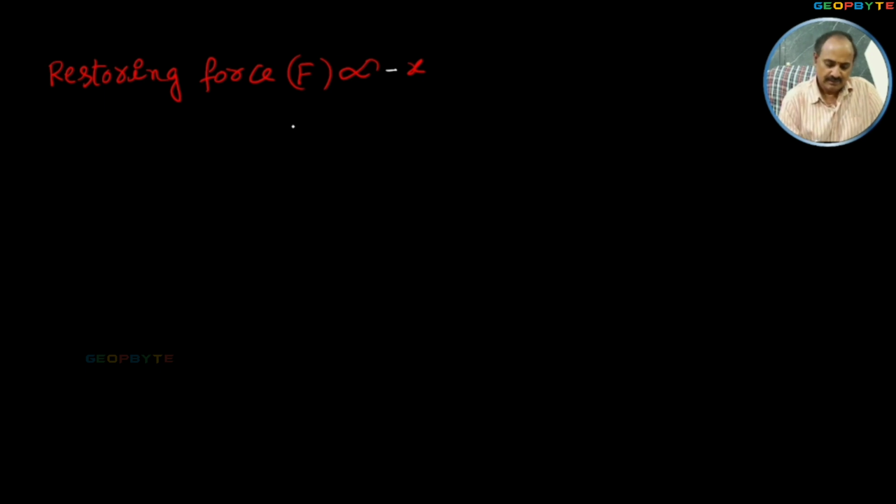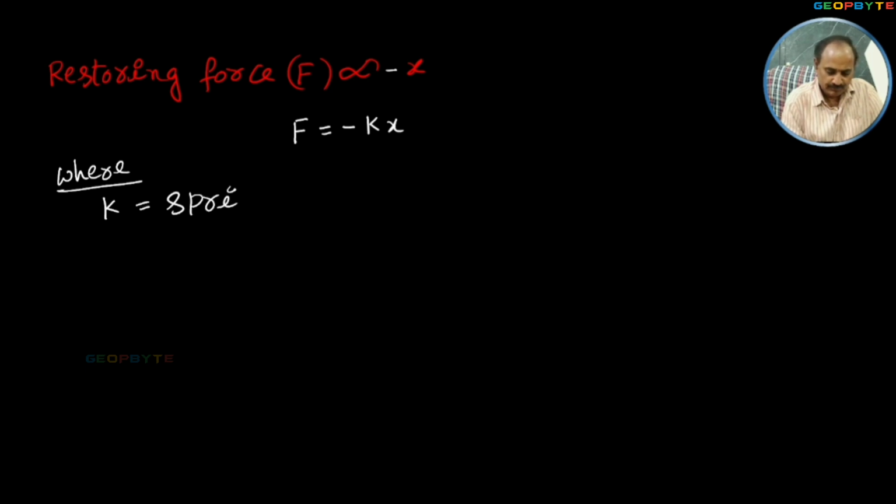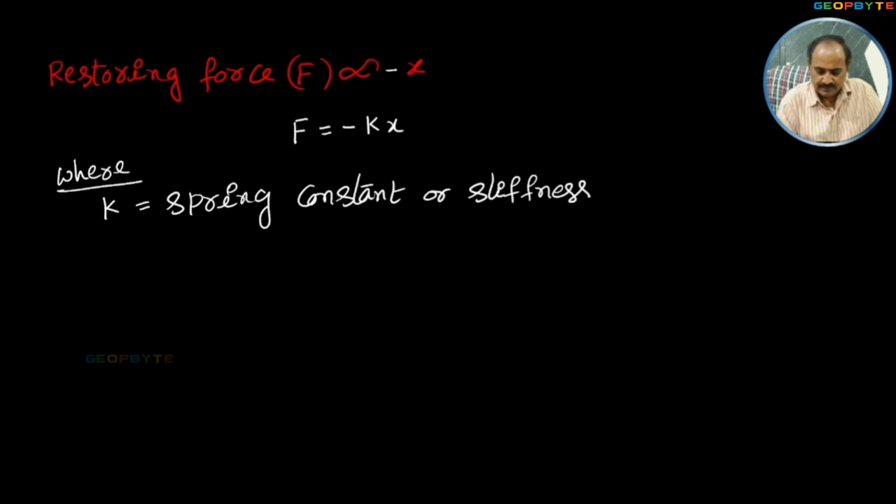From that we can write force equal to, for eliminating the proportionality, you need to put a constant: F = kx, where k equals the spring constant. That spring constant is also called the stiffness of the spring.